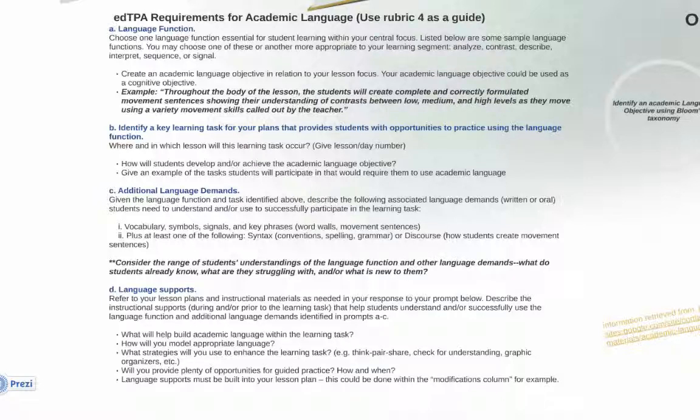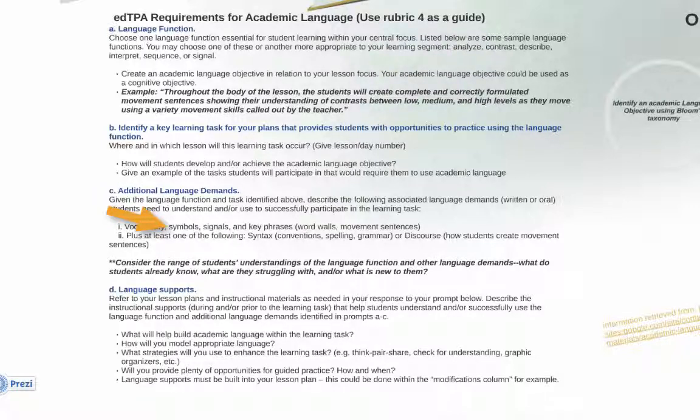C, additional language demands. So you've picked a language function, you've identified it. Now you're going to describe associated language demands. What are some demands for certain students? What are they going to need to understand to participate in this learning task? You're going to use vocabulary, symbols, signals, key phrases.